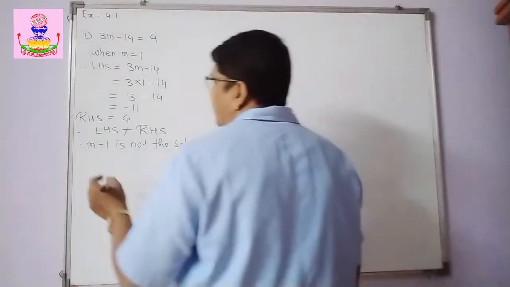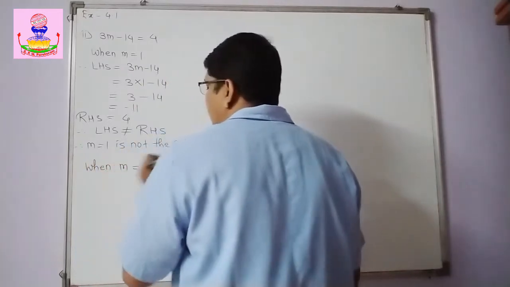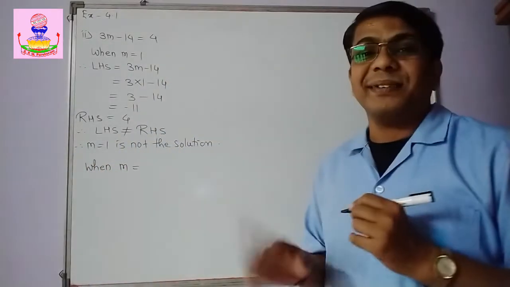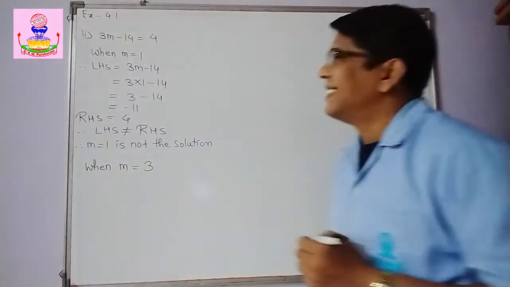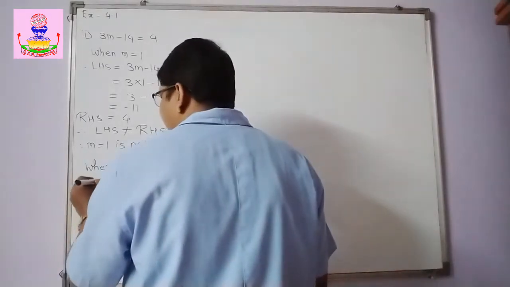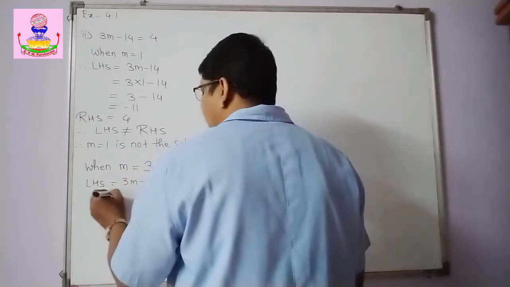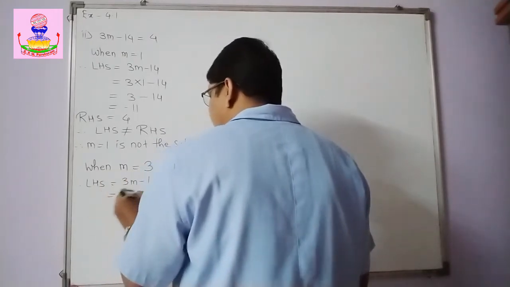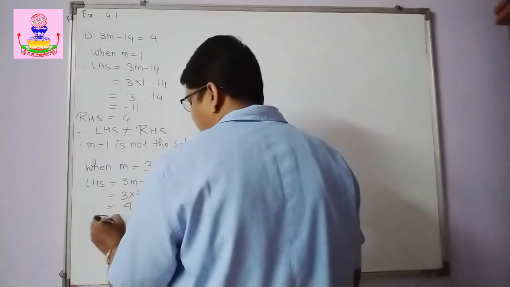Then suppose when m is equal to, now we will take another value. When m is equal to, suppose, 3. So LHS, what is LHS? 3m minus 14. So 3 into 3 minus 14. So 9 minus 14.